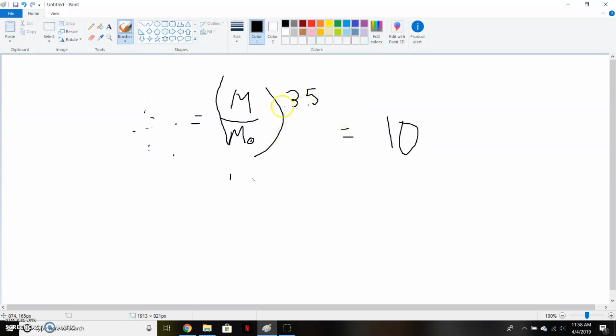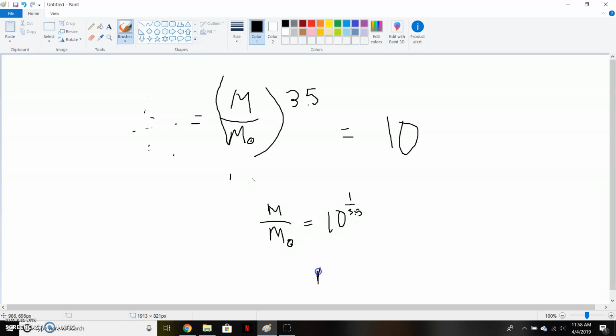So if we solve for M, M over M of the sun is equal to 10 to the 1 over 3.5 power, because we have to isolate M. Then we multiply by M of the sun.